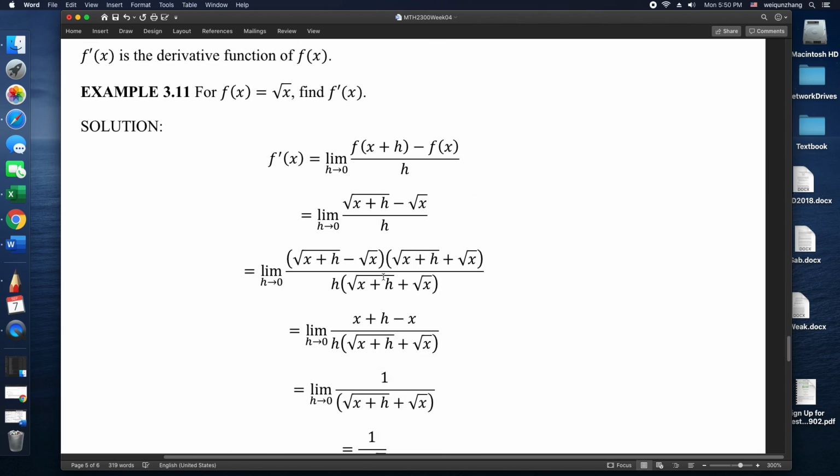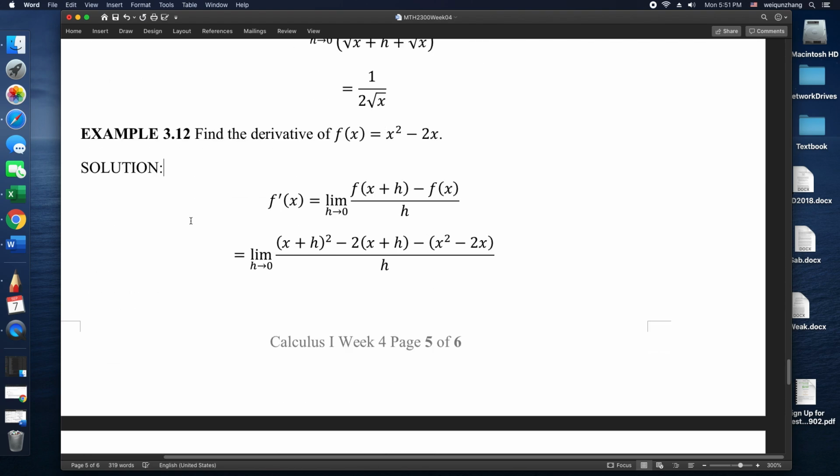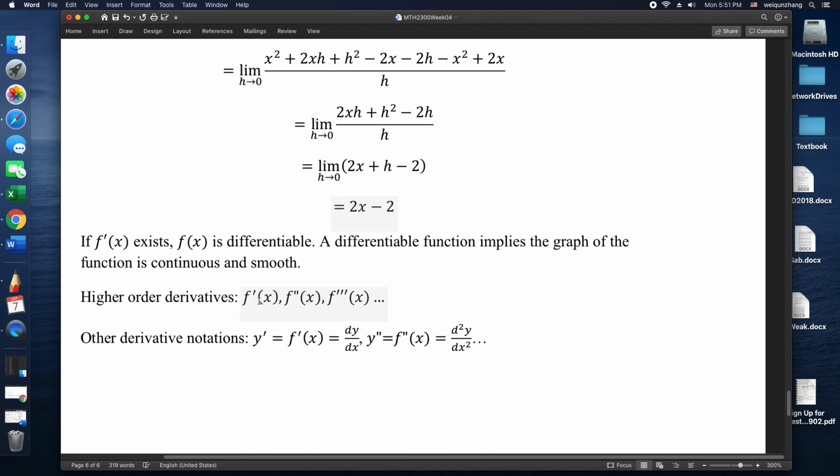In 3.2, mostly we are trying to say the derivative itself is a function. So whenever you have a function, it is always possible to consider the derivative. When you have a derivative as a function, you can consider the derivative of the derivative.